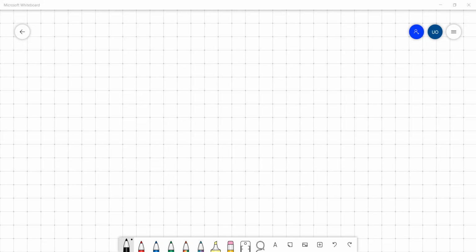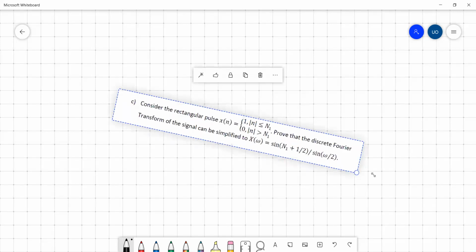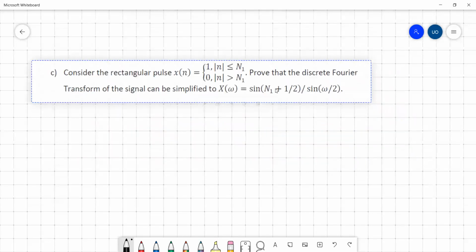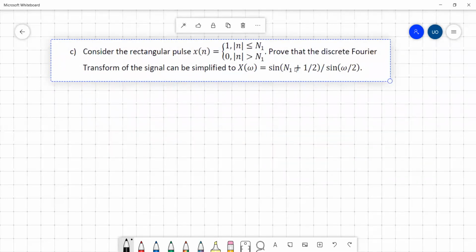So let's take this example. We have a rectangular pulse x[n].